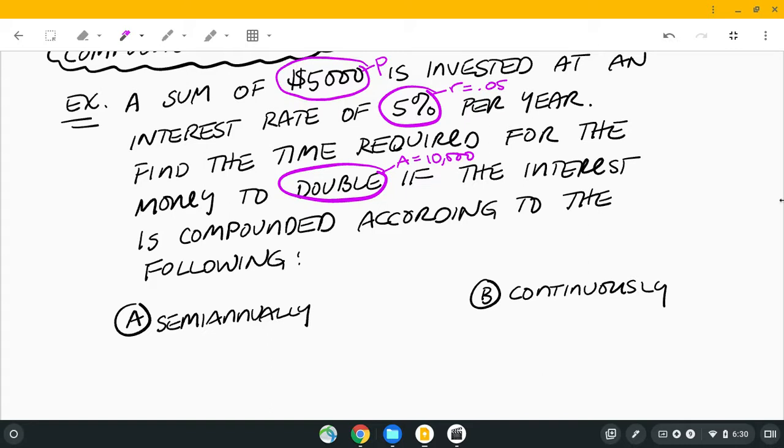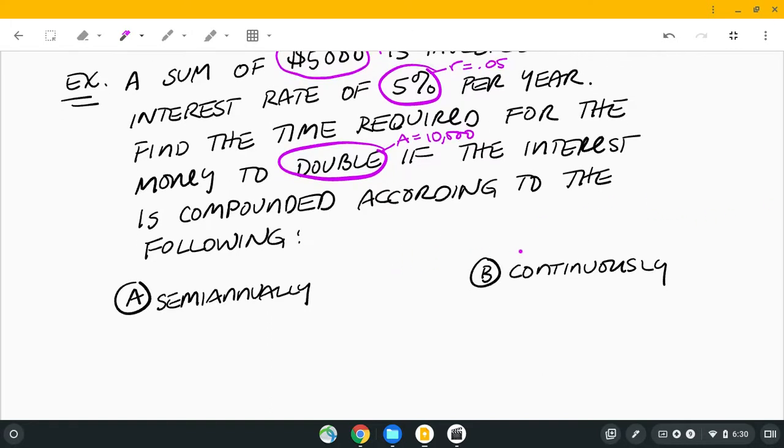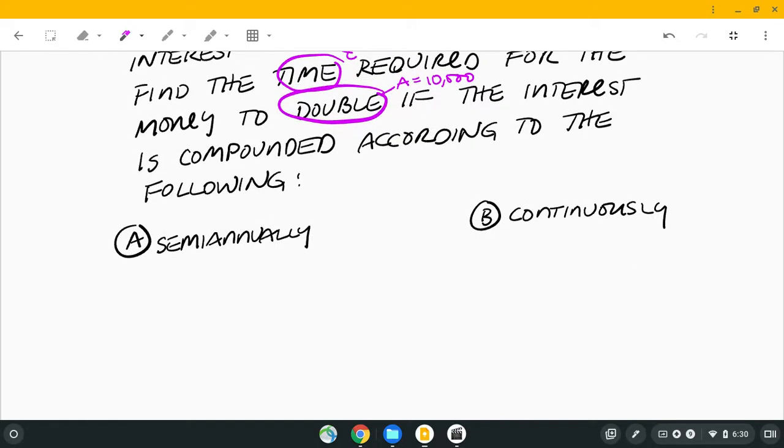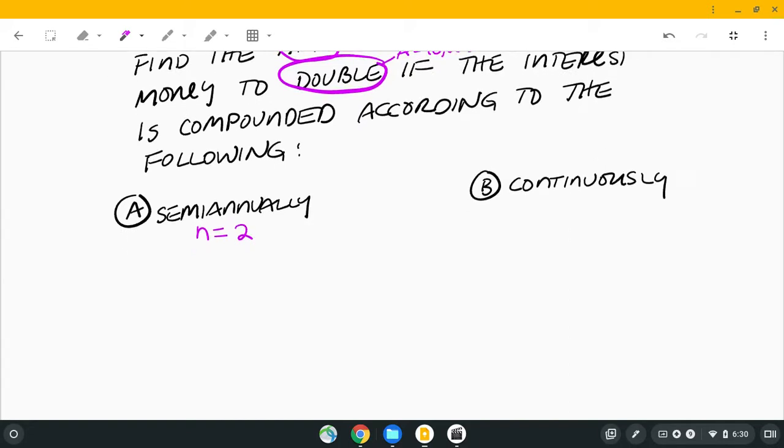And what else? I think that's everything. And we have to find T, the time. We don't know what that is. For this one, we have an extra thing, N, semi-annually. So this is N equals 2.